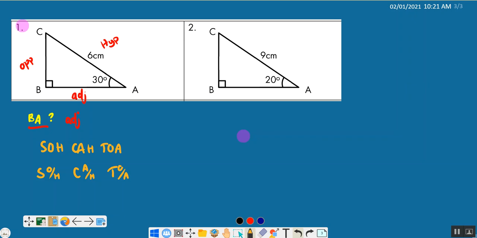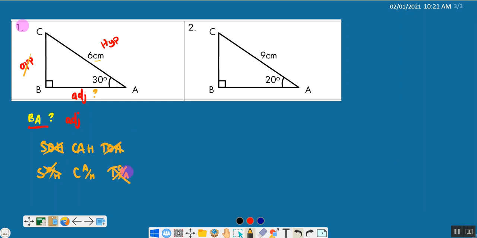Okay. So which one? Well, actually, I go with the one that I don't need and don't want. So I've got the hypotenuse. I want the adjacent. So the one that I don't want at the moment is the opposite. So for solving BA, anything with an O in it, let's forget about. All right.